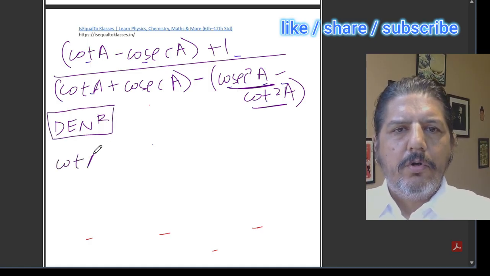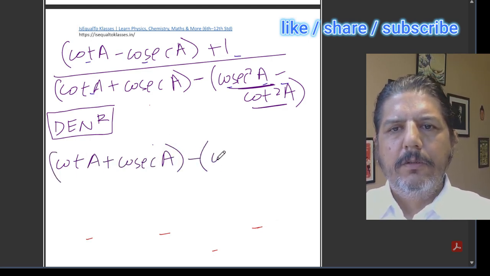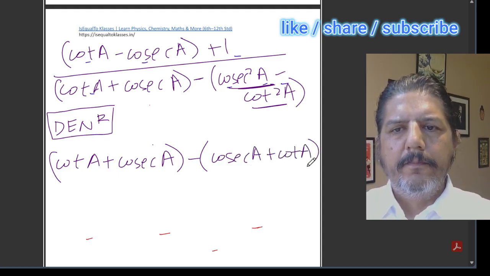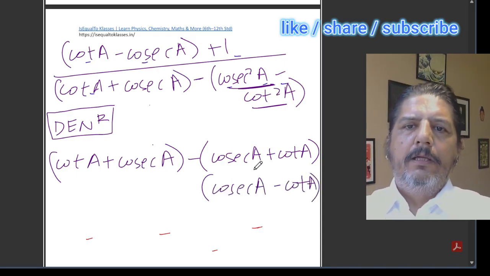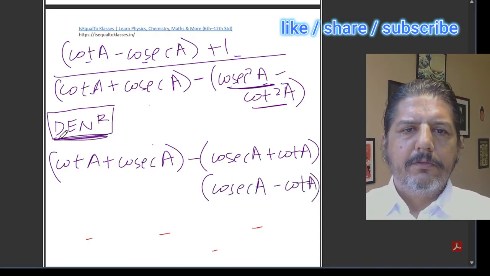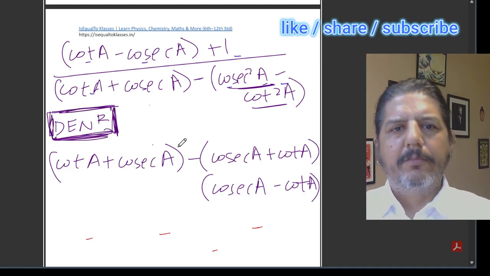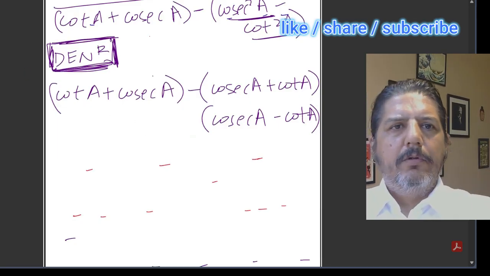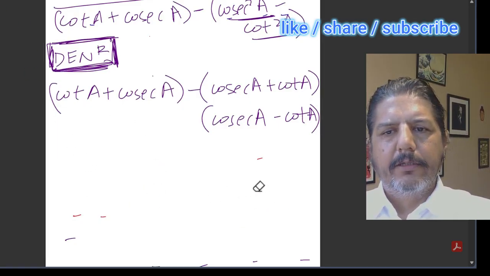So cot⁴ plus cosec² minus cosec² plus cot⁴ multiplied by cosec² minus cot⁴. So I'm just manipulating the denominator. Please see that this is just the denominator part. Otherwise, it will create huge mess. So I'm not writing the numerator now.